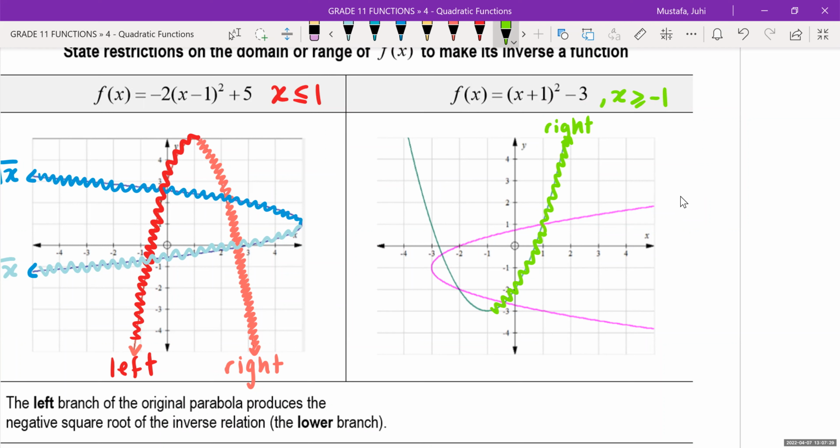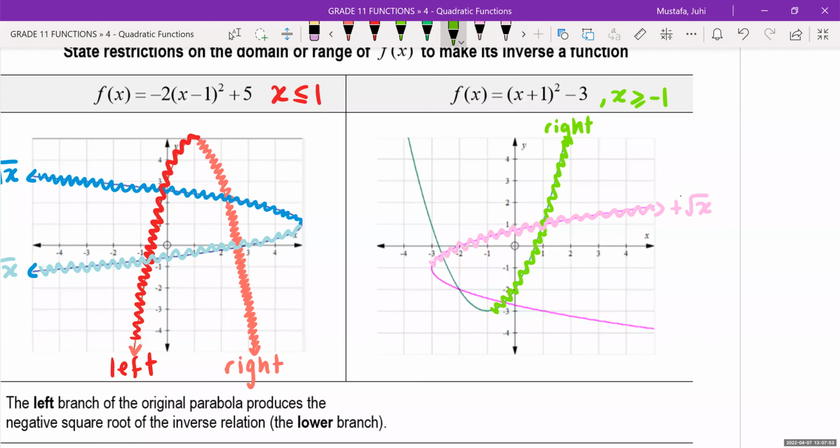And if you're drawing just the right-hand side of the original parabola, what part of the inverse is that going to be? The upper branch or the lower branch? Good, it's going to be the upper branch. So we would only be drawing this upper branch, and in your equation, you would only write the positive square root, not the plus and minus, just the positive.